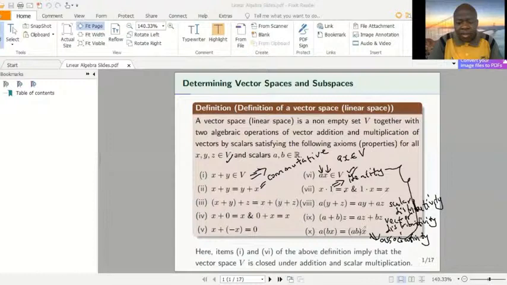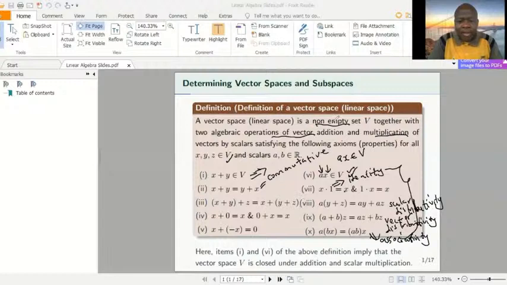Now, these are the properties of a vector space, that a vector space must satisfy these properties. So as I've already said, a vector space will just be a non-empty set, that means a set with elements, together with the operations of vector addition and multiplication of vectors by scalars, satisfying these 10 properties.